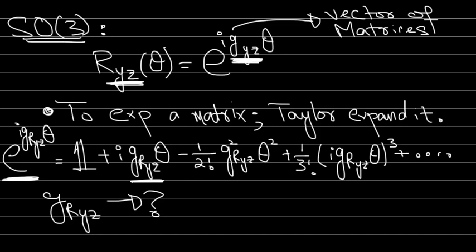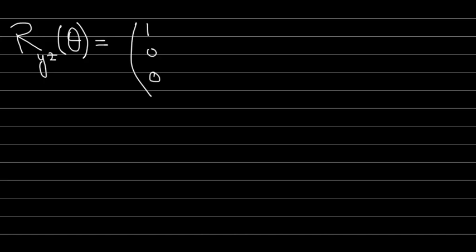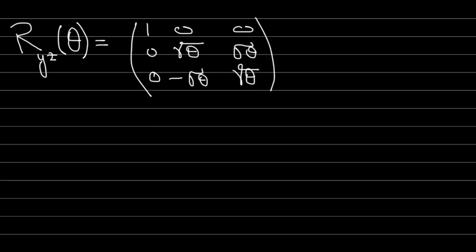So if you recall, the 3 cross 3 matrix of rotation R_yz about theta is equal to 1 0 0 0 0, and then we have these trigonometric functions: cosine of theta, sine of theta, negative sine of theta, and cosine of theta, right?